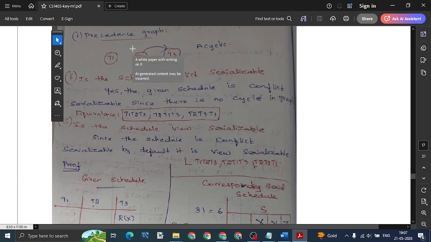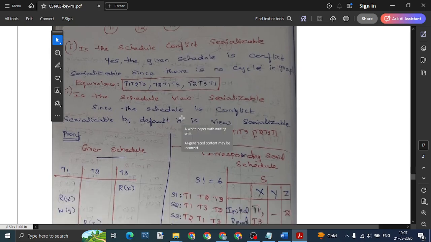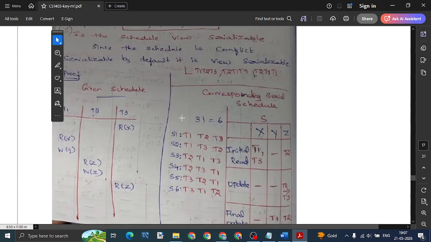We already know that since it is conflict serializable, it is view serializable, but we are checking whether it is view serializable or not by looking into this. This is my given schedule, and since I have 3 transactions, there are 6 corresponding serial schedules possible.